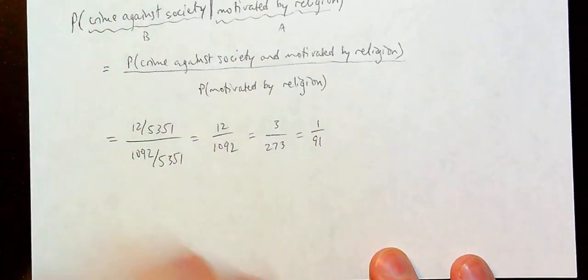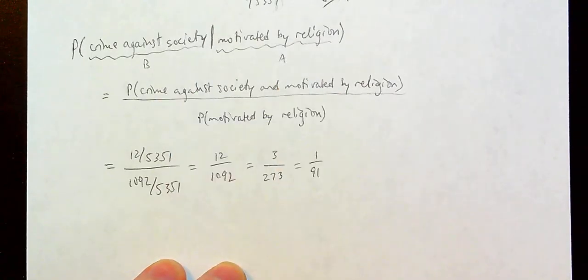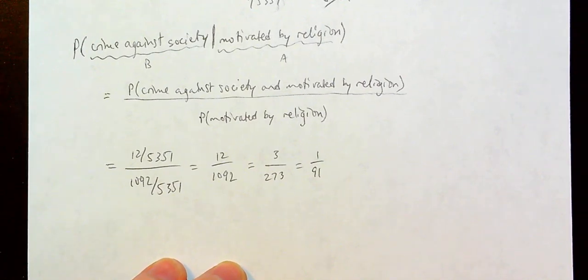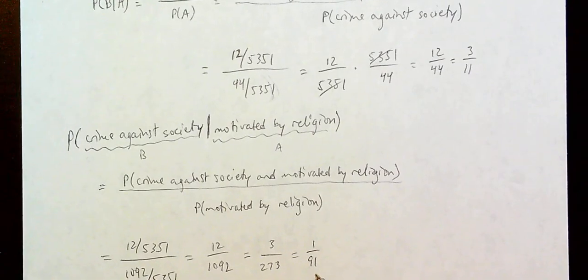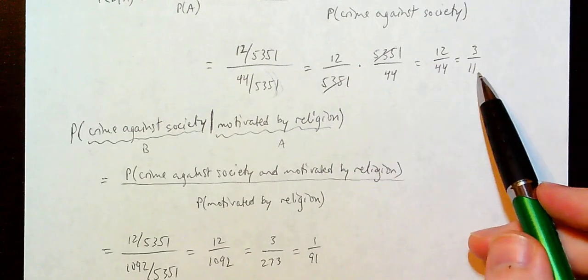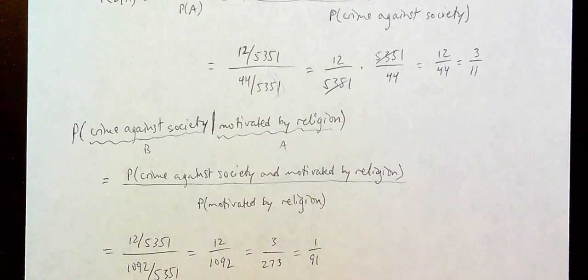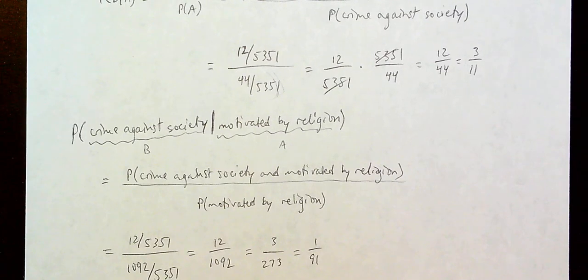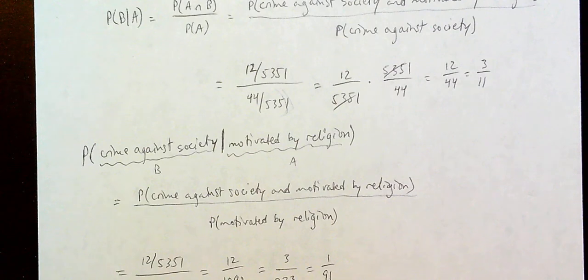So this nicely shows that the order in which you list these things, when you're doing the conditional probability, does matter. 1 over 91 is slightly more than 1%. 3 over 11 is going to be just over 27%. So not the same probabilities there. The order in which you have things listed in your conditional probability does matter.